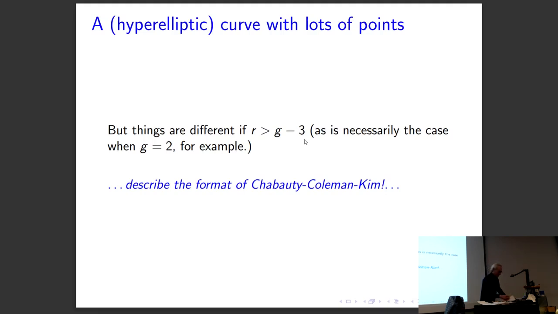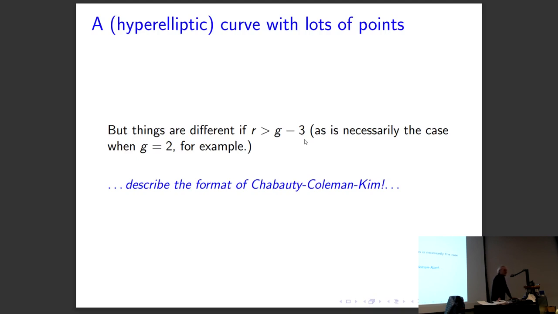So I have some time rather to describe the format of the technology that started from Chabauty. I think of it as a three-stage thing. Chabauty began the game. Robert Coleman made Chabauty's game effective.